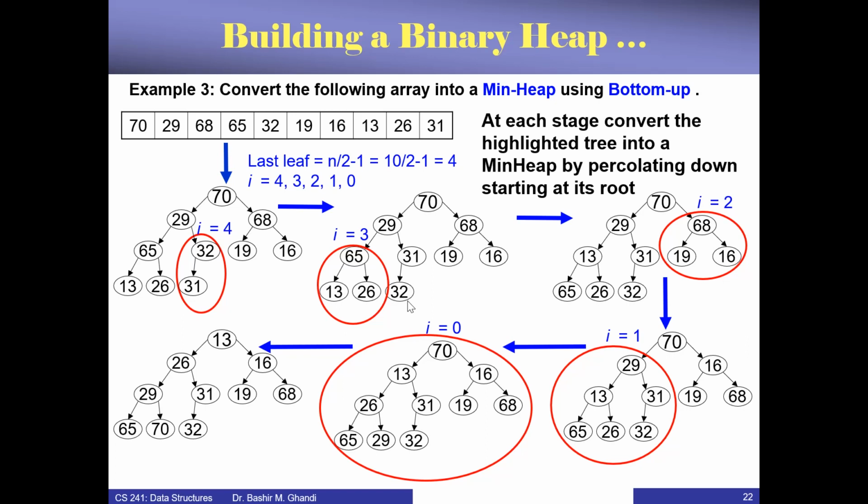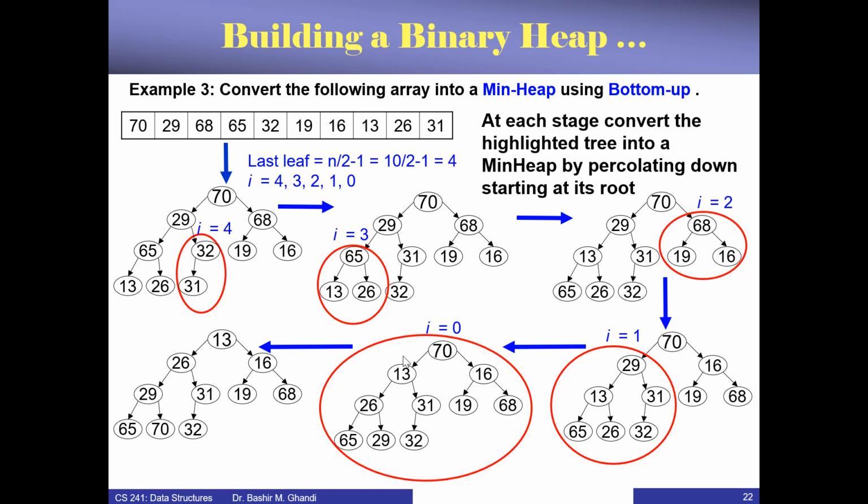So if you have 1,000 elements, it is possible that you have to do 999 calculate ups in the top-down method. Whereas here, you only have to do n over 2 calculate downs. So instead of 999, now you only have to do 500, n over 2. So you can imagine the difference.